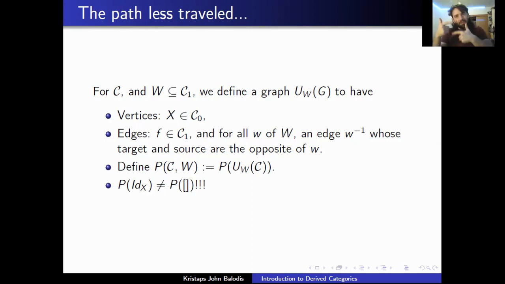We formally inverted something in our category, we've passed back, and that's the end of the story. But recall that we defined, through this functor, the identity morphism to be the empty path. And the empty path is certainly not the same as some sort of loop.